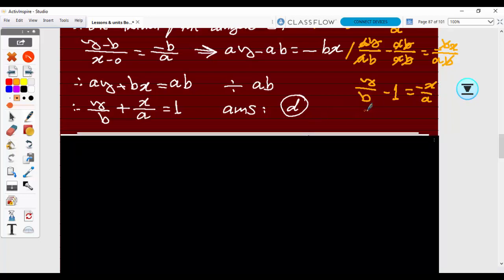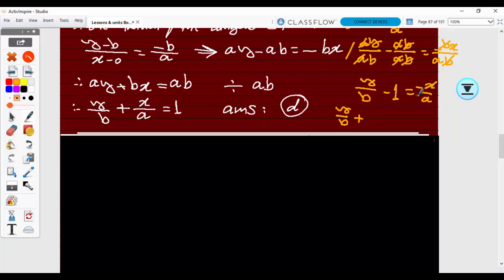So the equation of the tangent is y over b plus x over a, which equals 1. And from the right hand side, we will bring negative x over a to the left hand side. It will be positive.